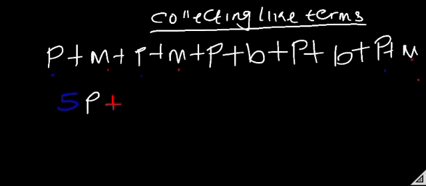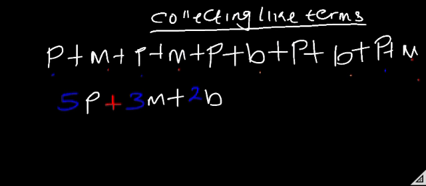So we have 3 mangoes. That will be 3m, right? So what are biscuits? We have 1 biscuit, 2 biscuits. So everything here will be 2b. So this is the basic of collecting like terms.